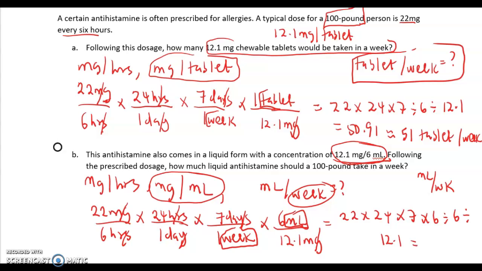And this will give us, divided by 6, 305.45 if you leave it to 2 decimal places, and the unit is milliliters per week. All right, so that is how you solve this problem.